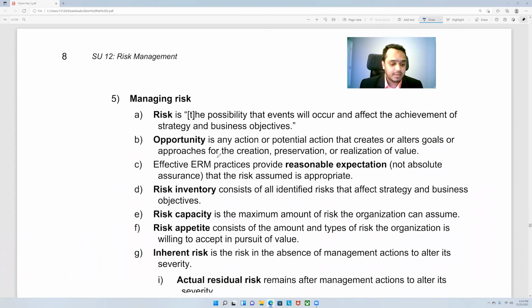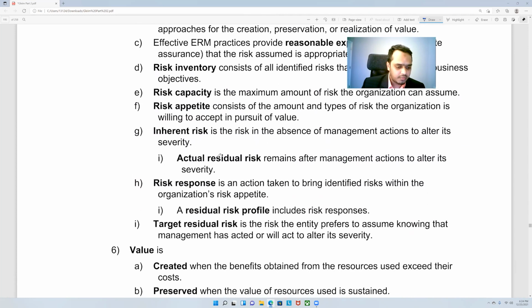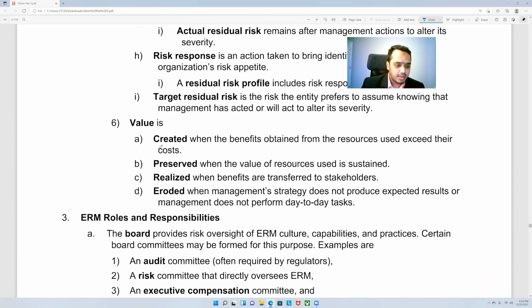Then managing the risk: we talked about how you can put down the risk, mitigate the risk, or transfer the risk. Then the value created by an ERM: what is preserved, realized, or eroded. If the management strategy does not produce expected results, or the team doesn't perform day-to-day tasks, that's how value will come down for the organization.